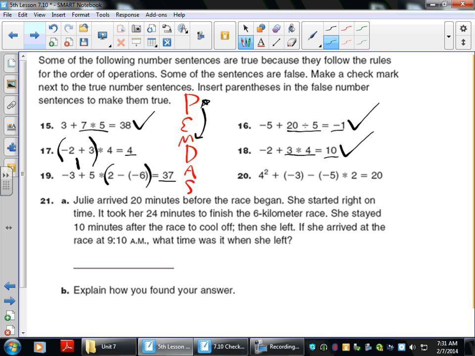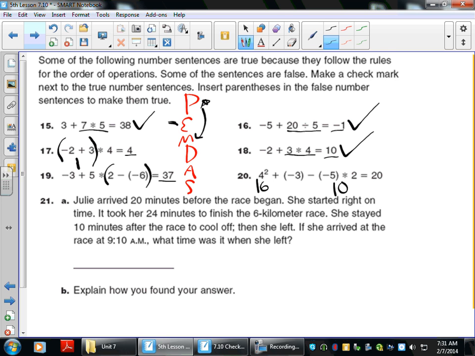For number 20, it has 4 squared plus -3 minus -5 times 2. Well, exponents come first. So 4 squared is 16. And then over here, we have -5 times 2. We have to do that first. This is multiplication. That's going to give me a +10.